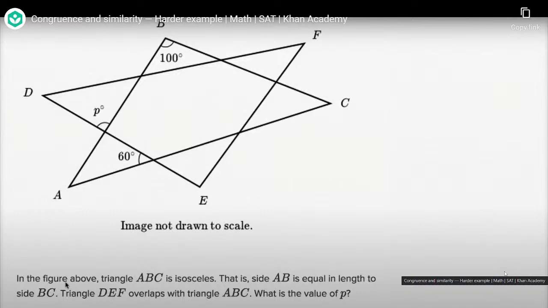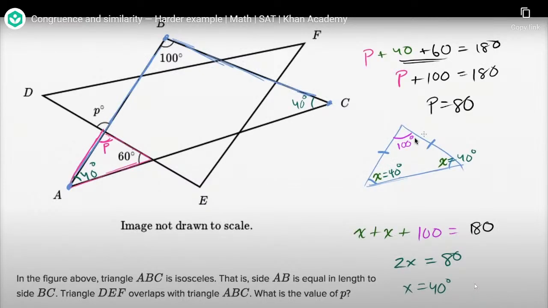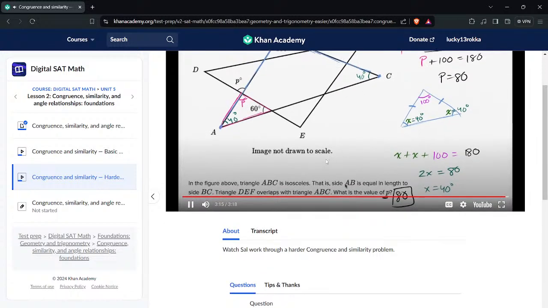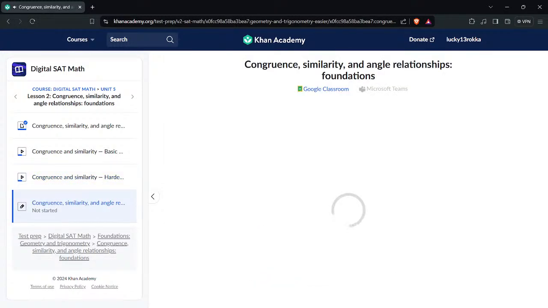Okay, so this is very easy. So we have that angle equals 40. Thus, that angle equals 80. So P is equal to 80 degrees. So what is the value of P? Or I guess this is P degrees. So the value of P is 80. Okay, it was easy.